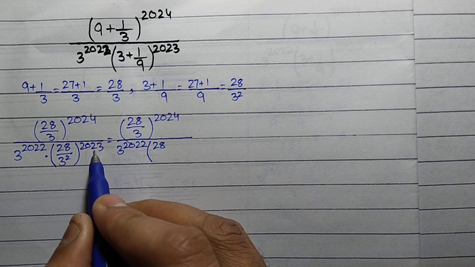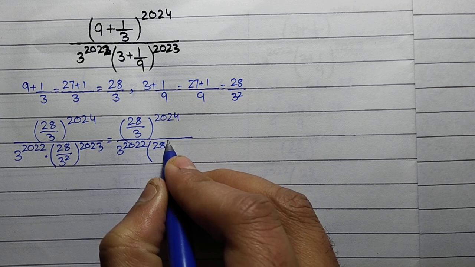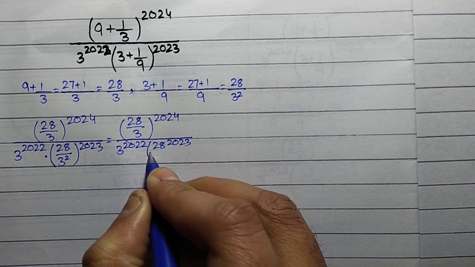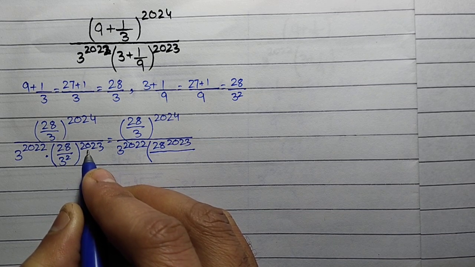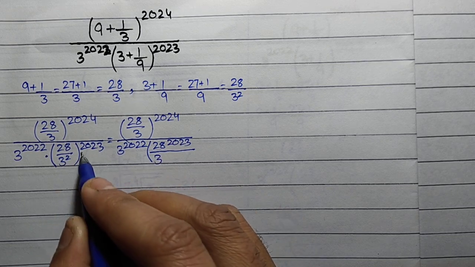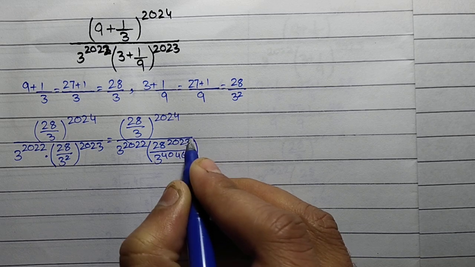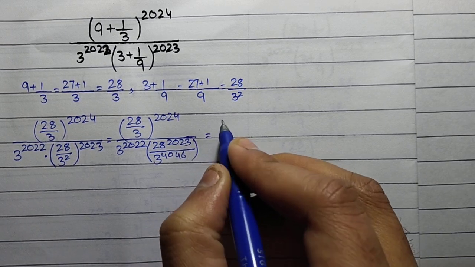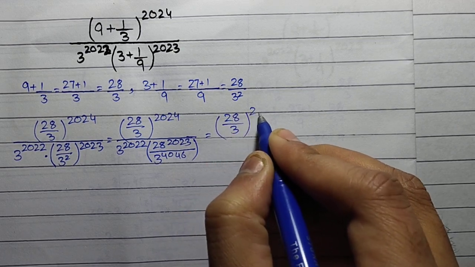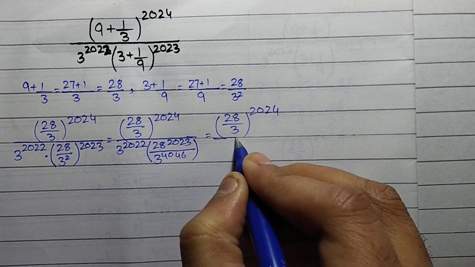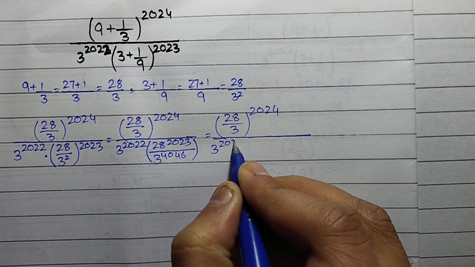Now I will write this power separately to the denominator and numerator. 28 raised to power 2023 divided by, this is the 3 square, this square will be multiplied with this power, so I can write 3 raised to power 4046, and it will be equal to 28 over 3 raised to power 2024 over 3 raised to power 2022.